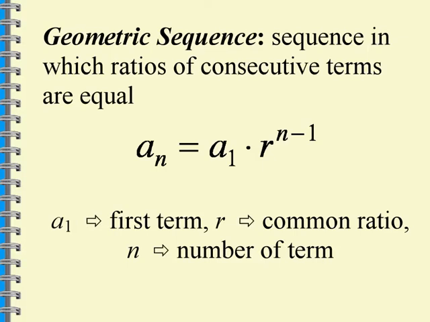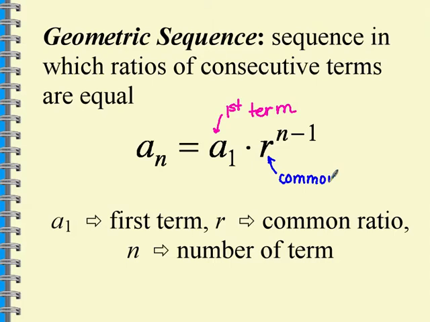Now let's talk a little bit about what that means. Notice down here I've already kind of said what things are. This is my first term, so this is where you start. This is my common ratio.